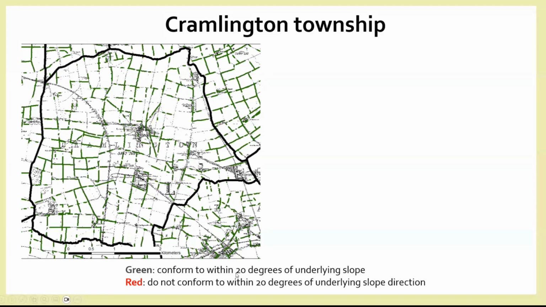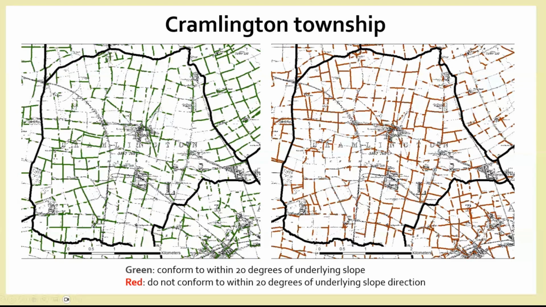You've got a lower density of boundaries conforming to underlying slope, and the red, which do not conform to within 20 degrees of underlying slope, make up the general field pattern of this township. And I suppose it's worth thinking why there are more that don't conform within this township.